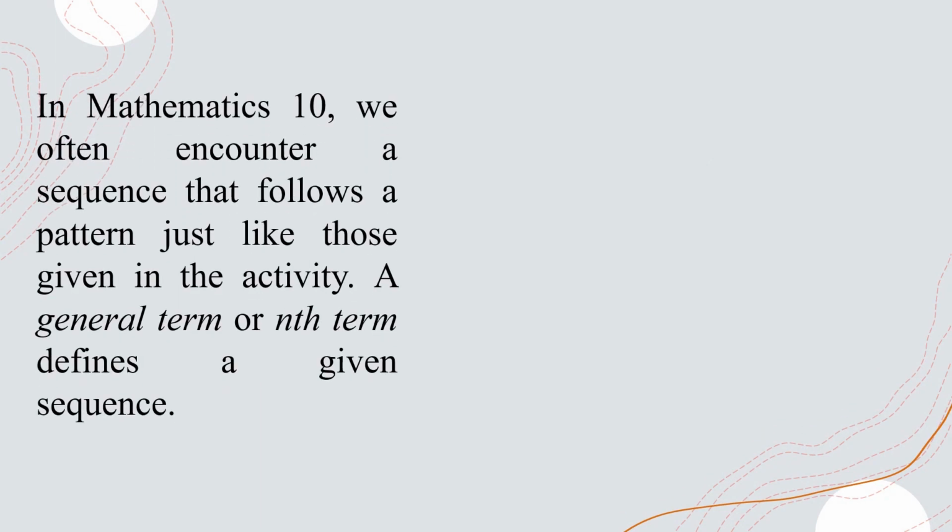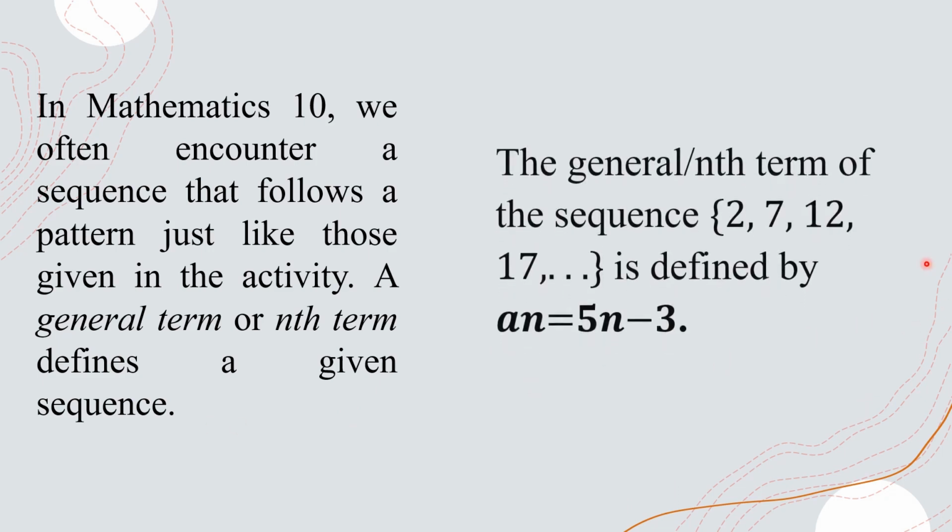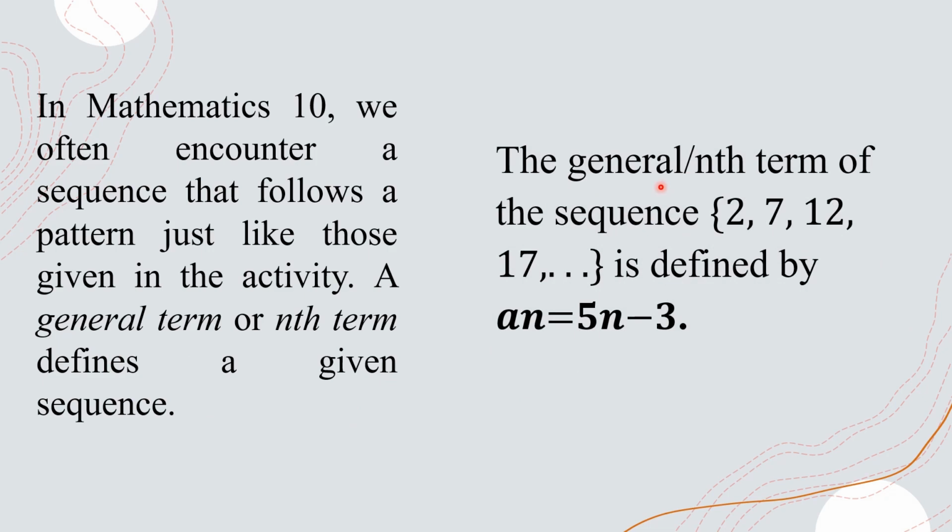So in Mathematics 10, we often encounter a sequence that follows a pattern just like those given in the activity. A general term or nth term defines a given sequence. Okay, what do you mean by that? So the general term or the nth term of the sequence 2, 7, 12, 17, and so on, is defined by a sub n equals 5n minus 3.